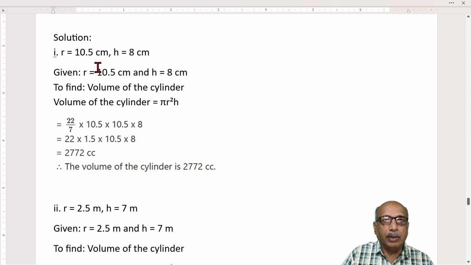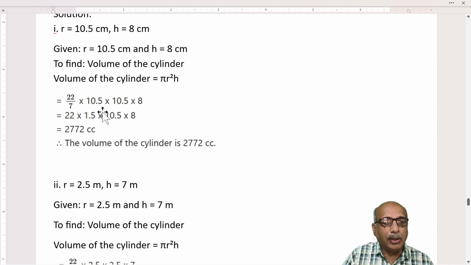So r equals 10.5 centimeter, h equals 8 centimeter. To find the volume of the cylinder, the formula is pi r square h, that is area of base into height. What is the area of the base of the cylinder? Pi r square, and height is h. So area of base into height. Substitute the values here.